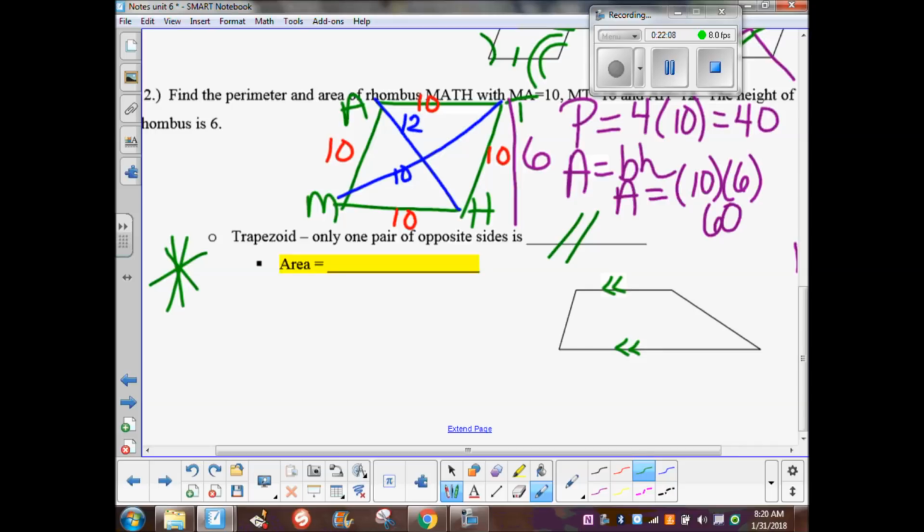Do we have the trapezoid formula on our formula sheet? We do not. I will give this to you on the test. 1/2 times the height times base 1 plus base 2.